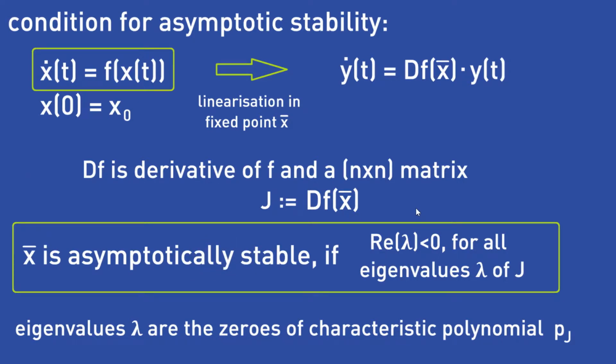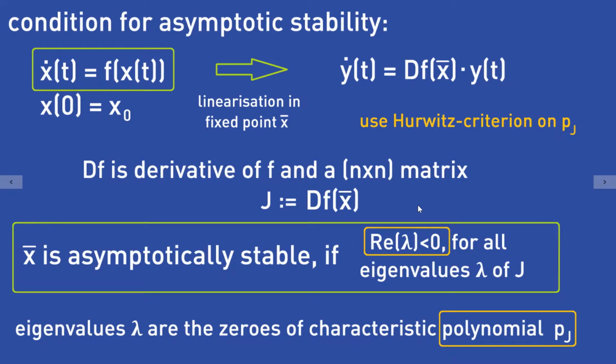The idea now is to use the Hurwitz criterion on the characteristic polynomial P_J. The criterion will then tell you when the real parts of the eigenvalues are negative, because the eigenvalues lambda are the zeros of the characteristic polynomial P_J.